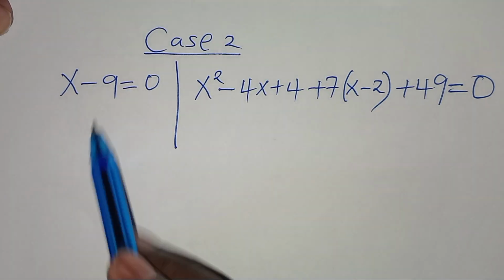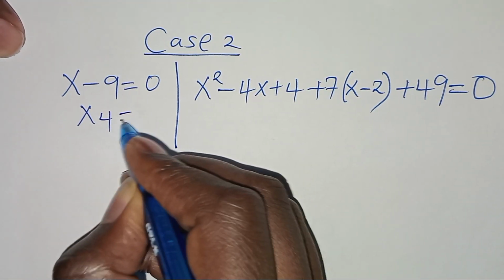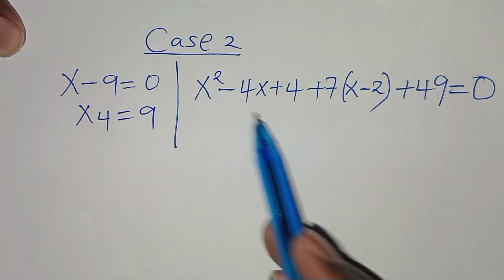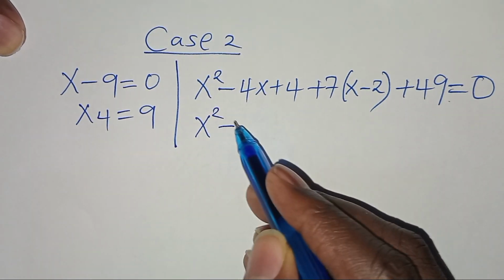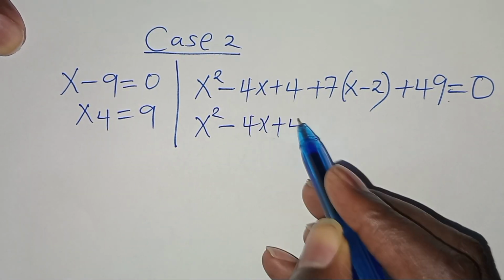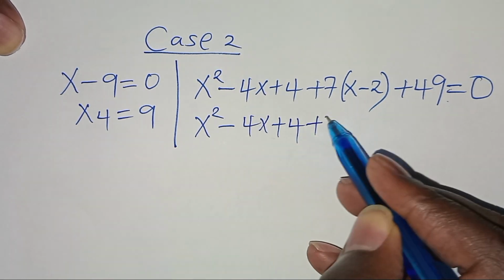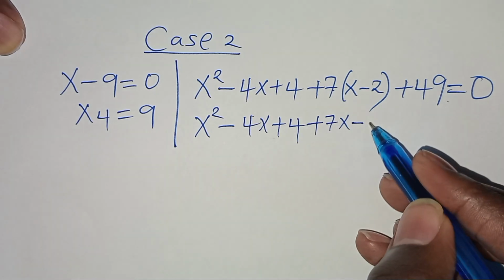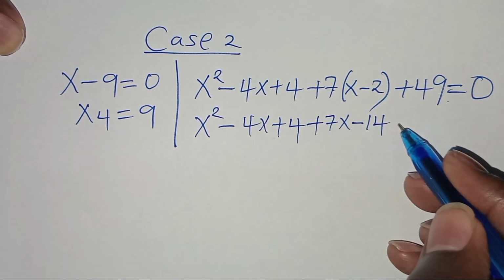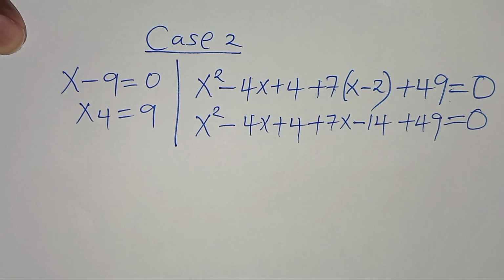So now we have that x minus 9 is equal to 0, and that means that x4 is equal to 9, okay? So the next part here, we have x to the power 2 subtract 4x plus 4. Let's open the bracket here. We'll have 7 times x. This is plus 7x. Then subtract 7 times 2, which is 14, negative 14. Then plus 49. This is equal to 0.